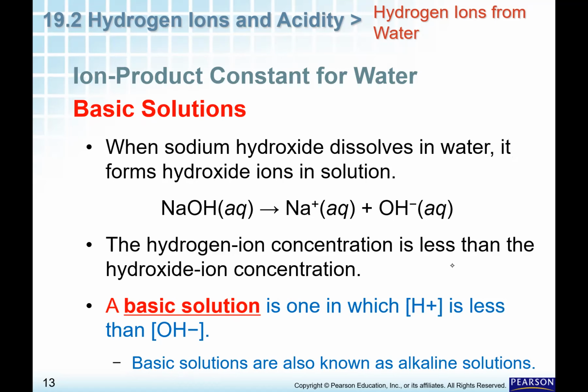So we have three types of solutions. Either we have a neutral one where the concentrations of both H+ and OH- are equal, or the H+ is higher than the OH-, which means the solution is acidic, or a basic solution happens when the H+ is less than the OH-.